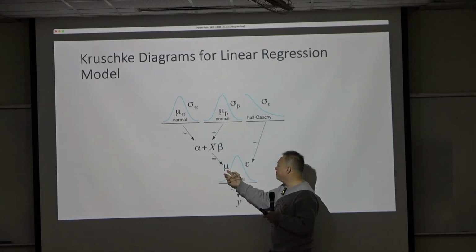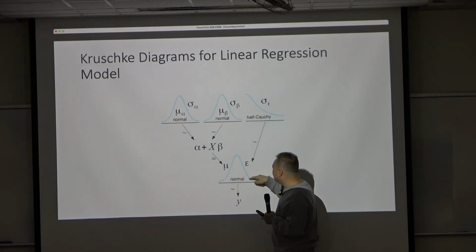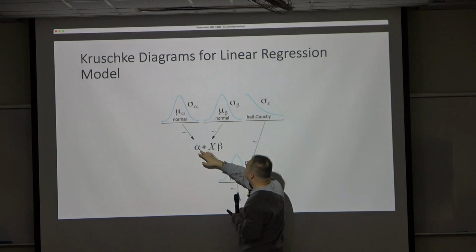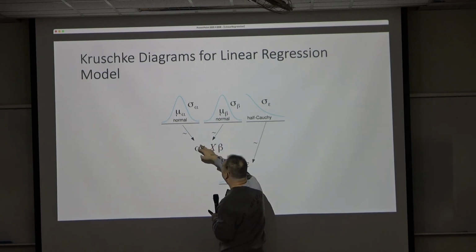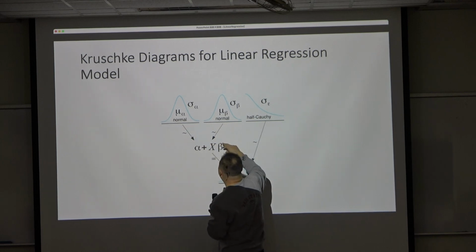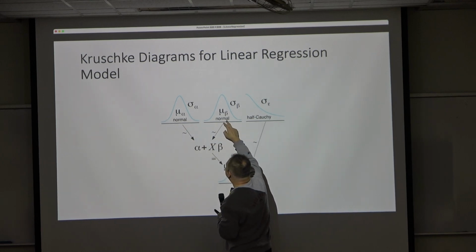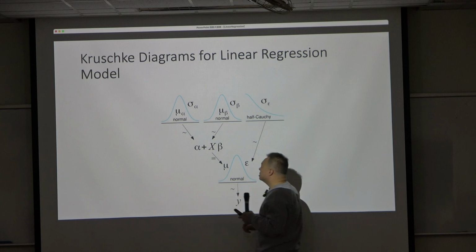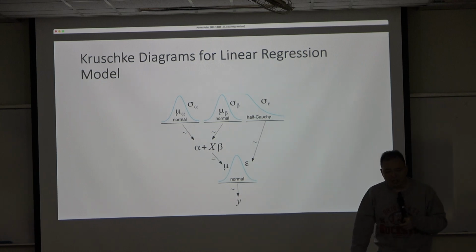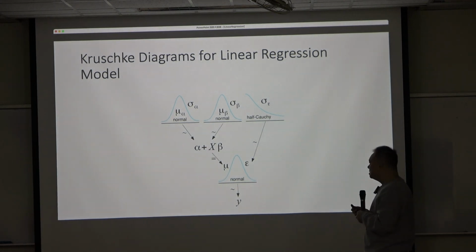The epsilon comes from a half Cauchy, the alpha comes from a normal distribution, and the beta comes from another normal distribution. So this is the simplest linear regression model we could use in Bayesian data analysis.